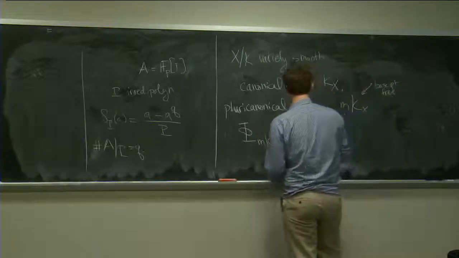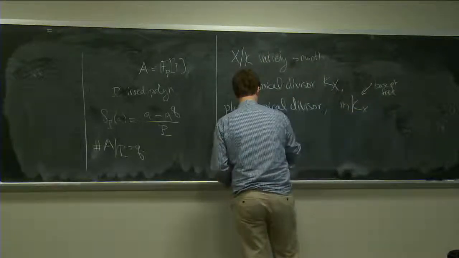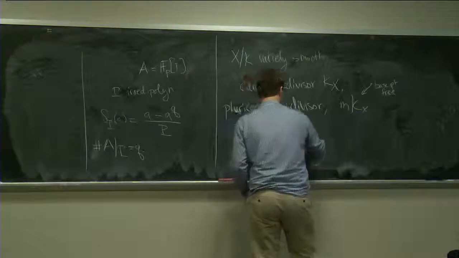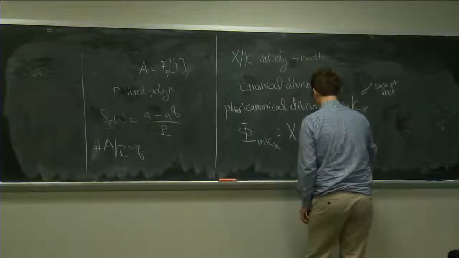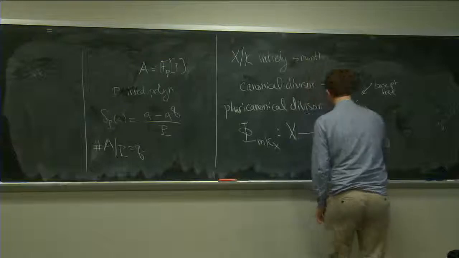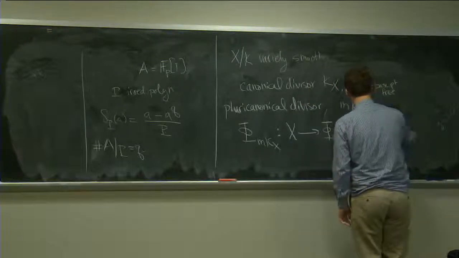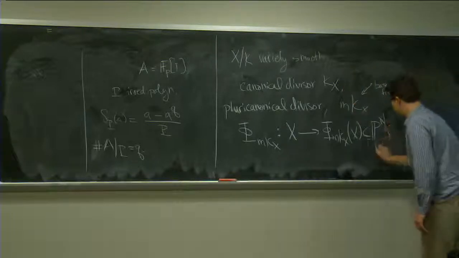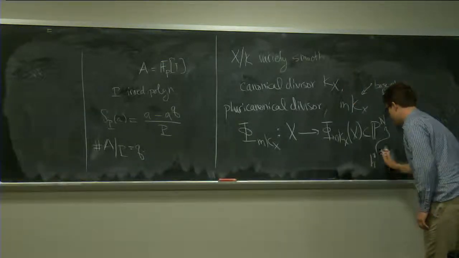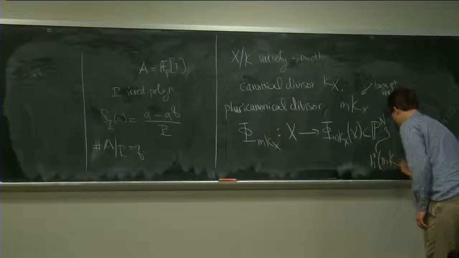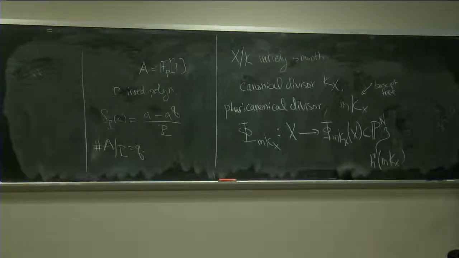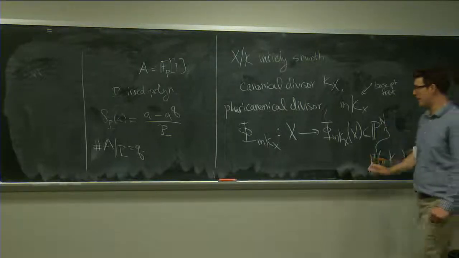What you can do is take x, and what it maps to is the image of x in some large projective space. This n is the dimension of this sheaf, the global sections where you allow poles along this. So you have this thing here, and then the Kodaira dimension.